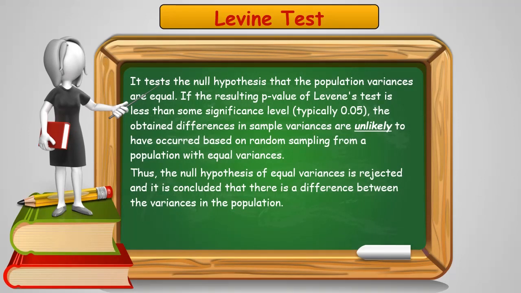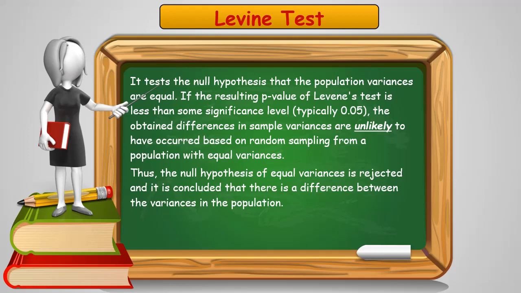What it's going to do is test the null hypothesis that the population variances are equal. That's our null hypothesis. If the resulting p-value is less than some statistically significant level we've chosen, typically 0.05, then the variances are unlikely to have occurred based on random sampling of the population.